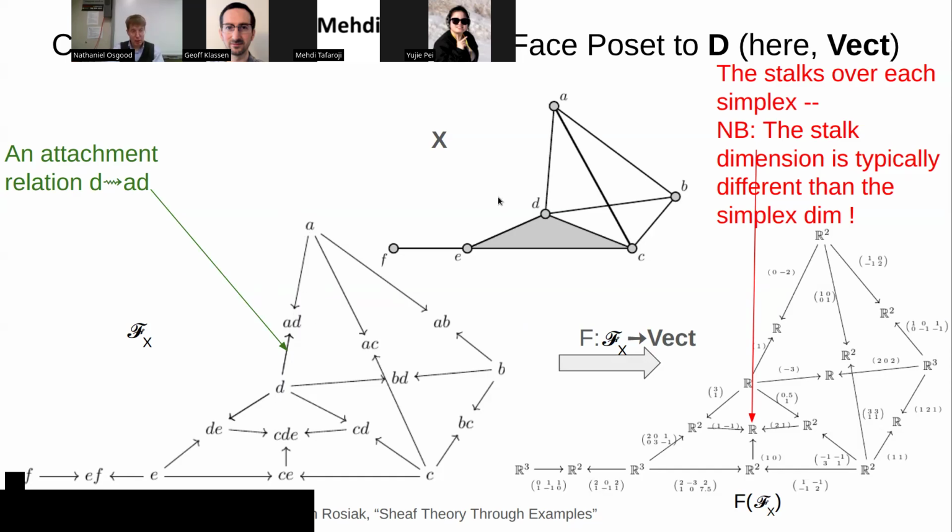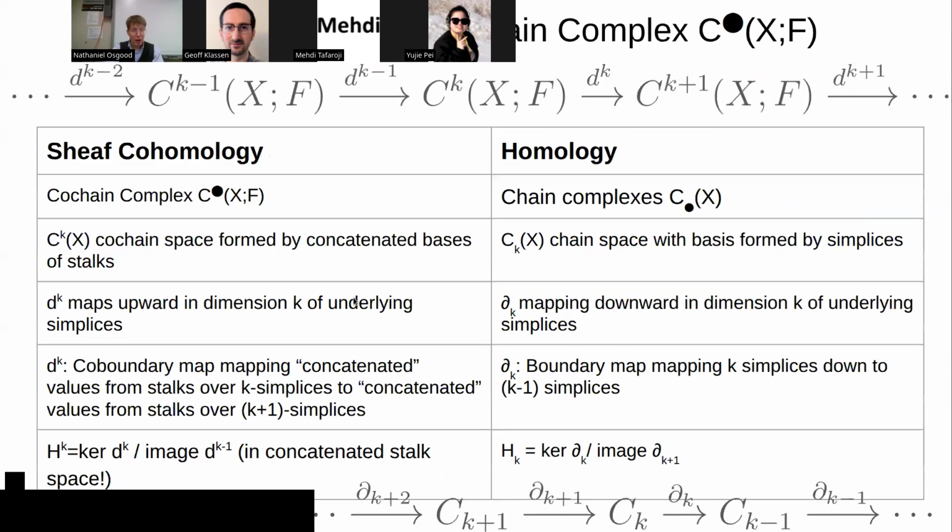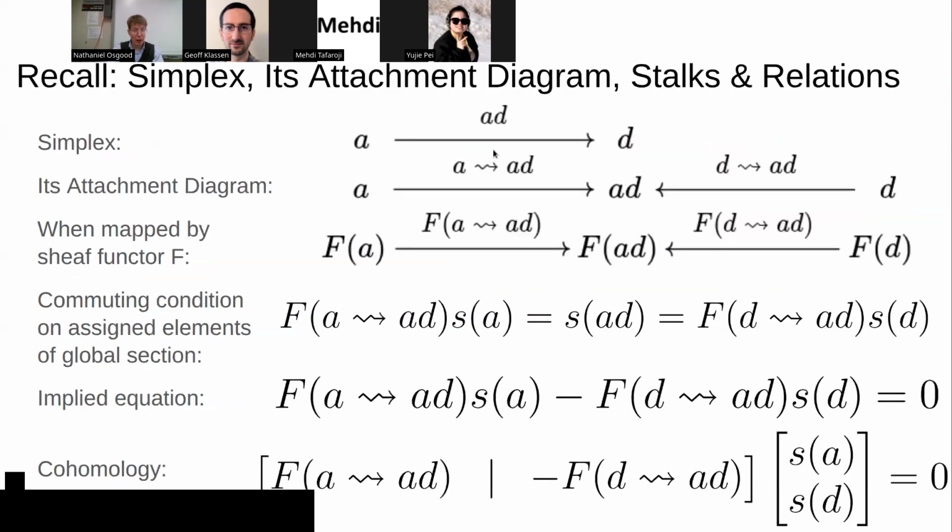So this was our simplicial complex. We dignify this edge with a simplex all its own. We know it's called AD, and we reflect it in this poset associated with this attachment, right? That's what we're starting with up here.